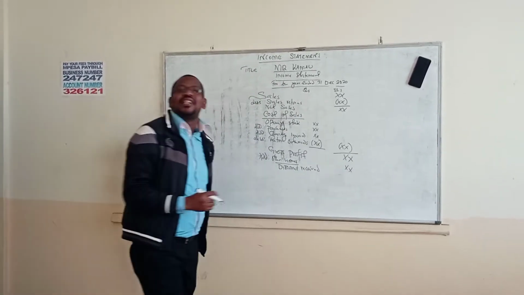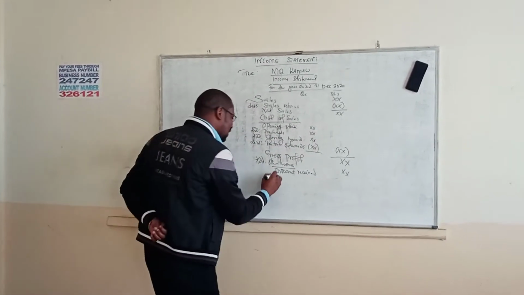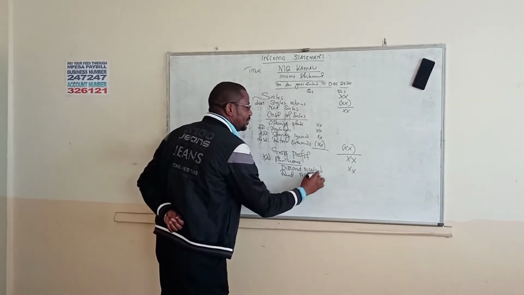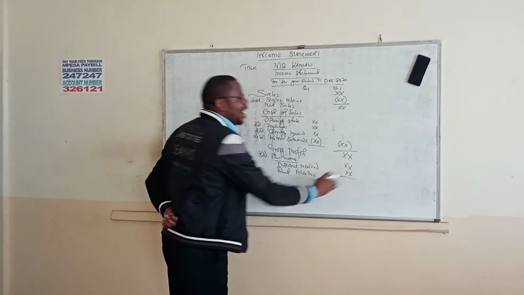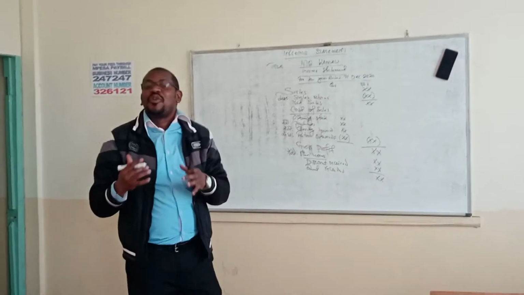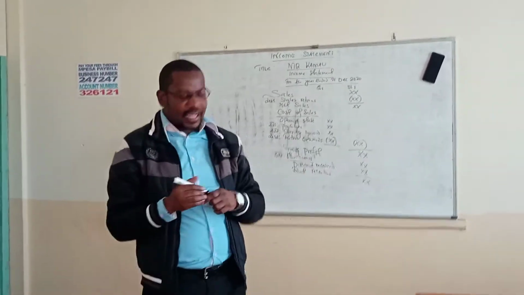If you have rent received, add. So we can come up with the gross profit plus other income.